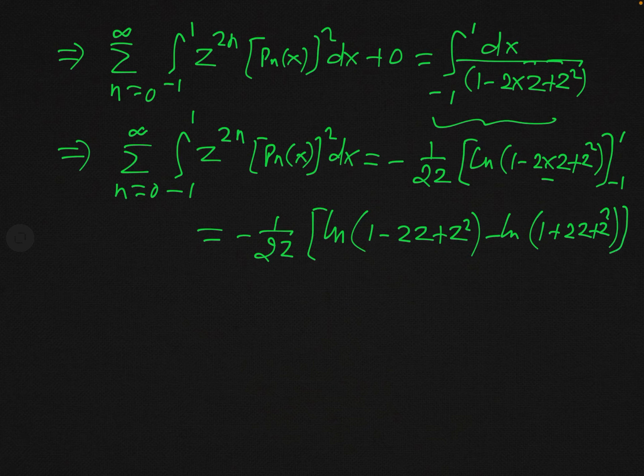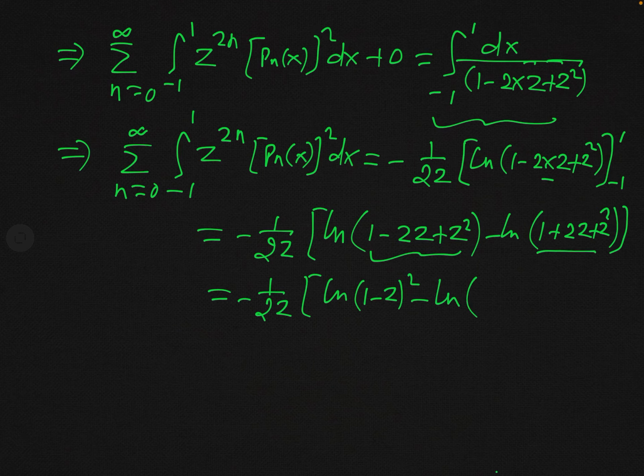So after substituting the limits, this is your result, and we can write it as -1 over 2z. See this expression 1 minus 2z plus z square, you can write it as 1 minus z whole square. So this is simply ln of 1 minus z whole square, and minus ln of, now see this is 1 plus 2z plus z square, it means this is 1 plus z whole square.